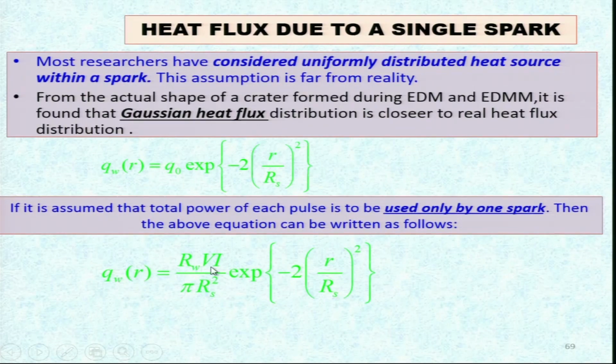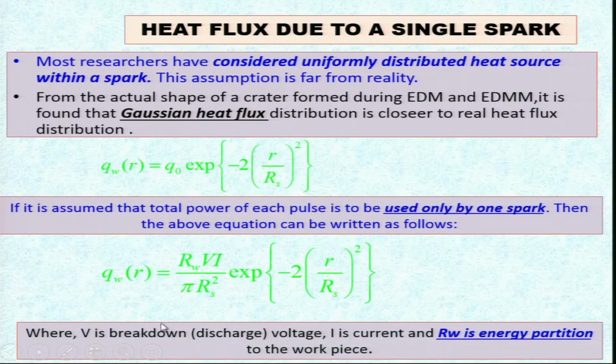Qw(r) is equal to Rw V I over pi Rs square, exponent e raised to power minus 2 r square by Rs square. Here you just substitute the value of Q0 and you will get this particular equation, where V is the breakdown voltage or discharge voltage, I is the current, and Rw is the energy partition to the workpiece.